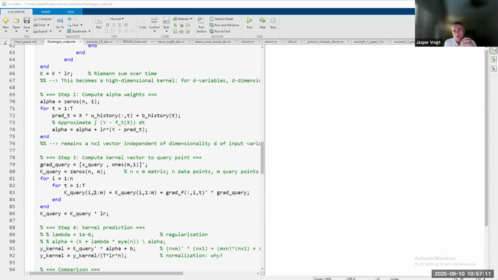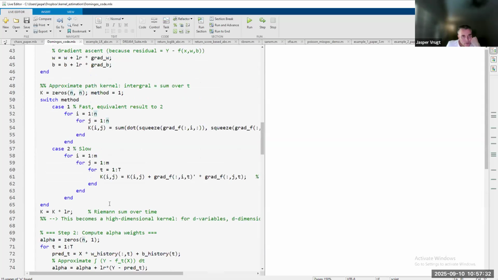Indeed, when you go to 3, 4, 5 dimensions, it becomes an array of 4, 5, 6 dimensions. So we have i and j, and then the number of parameters minus 1 or something.